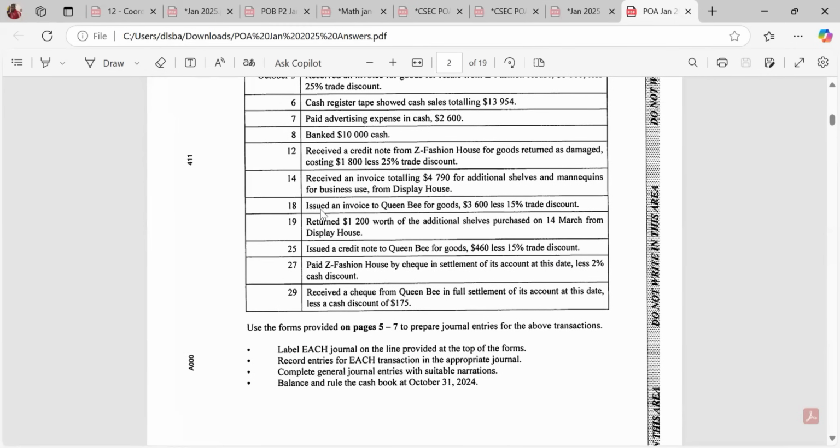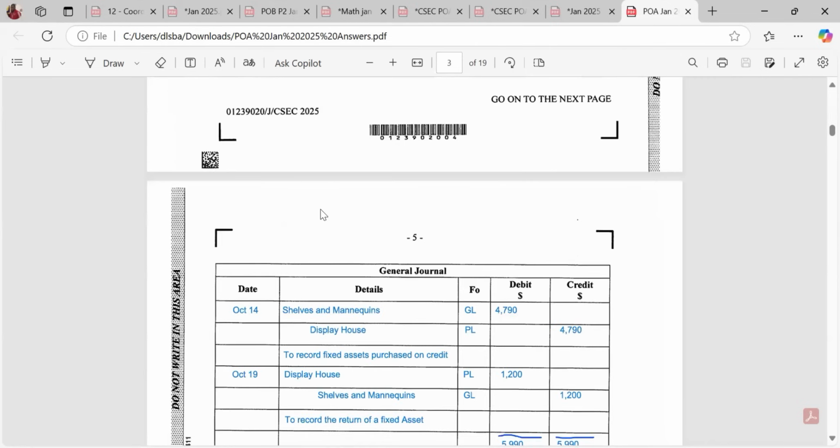The 18th, issued an invoice. If we give the invoice, are we buying or selling? Good job. Issued an invoice to Queen Bee for goods 3,600 less 15% trade discount. So since we're selling on credit, what journal is that? Sales journal, correct.